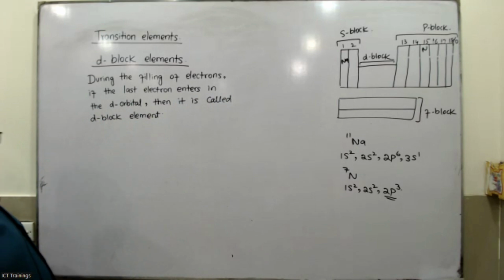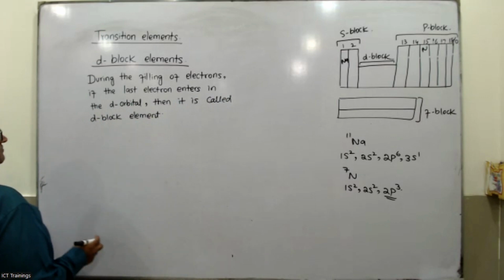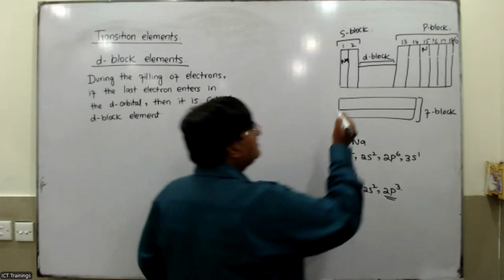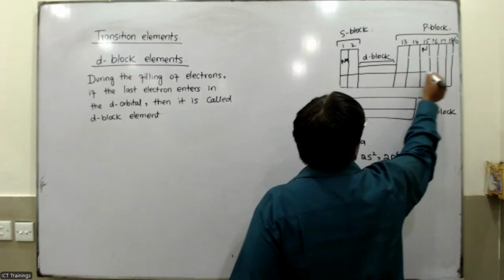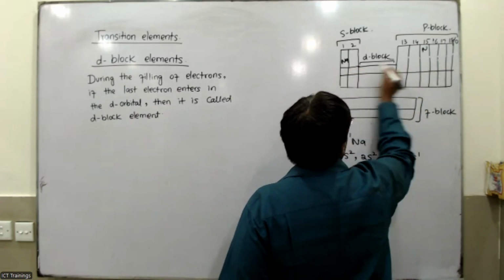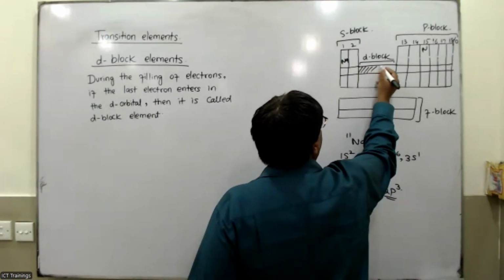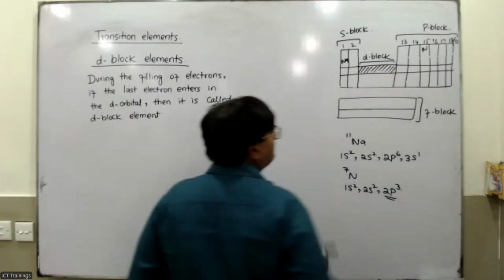Now the second thing, my dear, in our syllabus, the D block elements are going to start from period 4. So this is period 4. Okay, so all these elements are present in our syllabus.